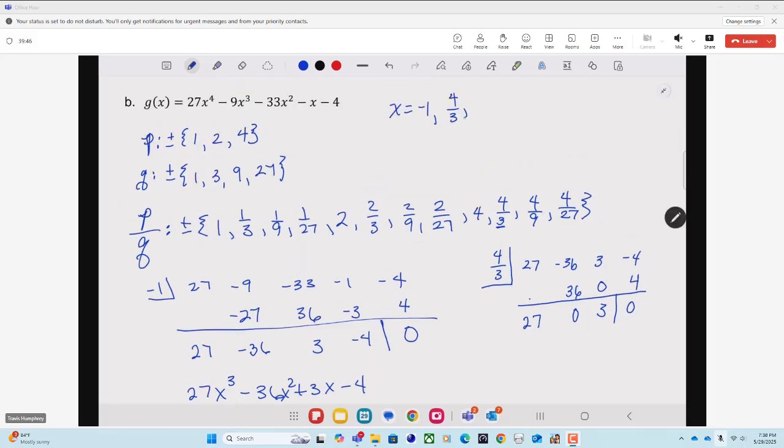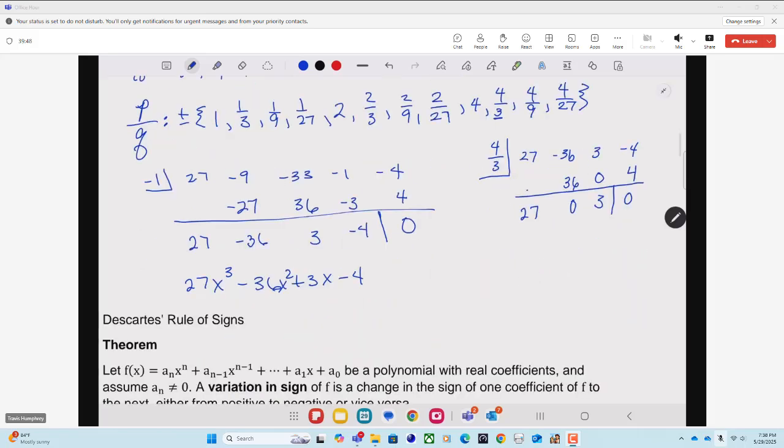zero, but this does bring me down to a quadratic. Set that equal to 0, and I can extract square roots on this one. You can also do quadratic formula. Divide by 27.